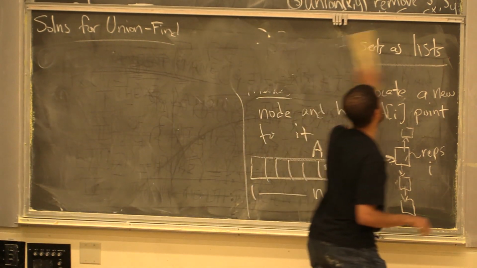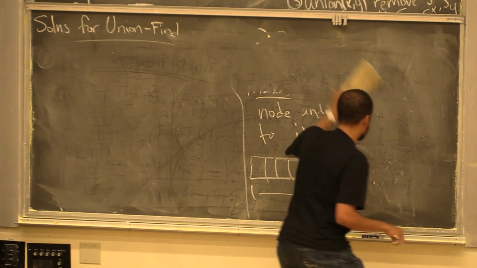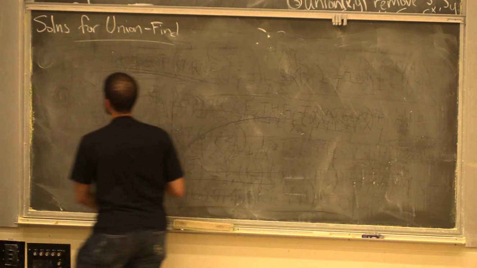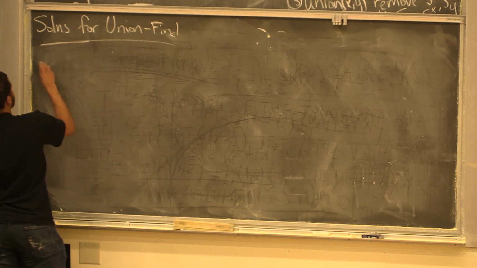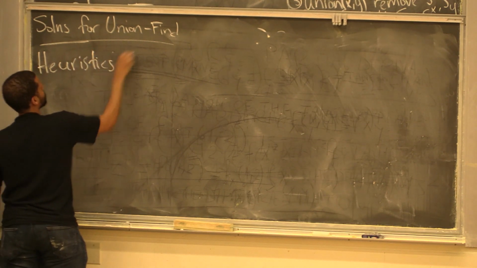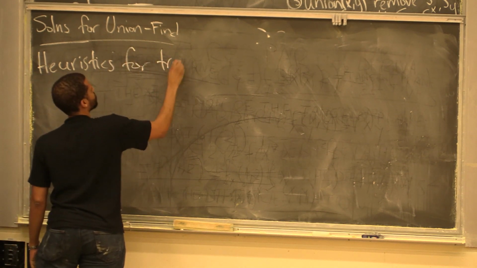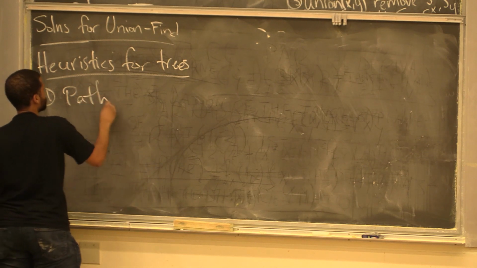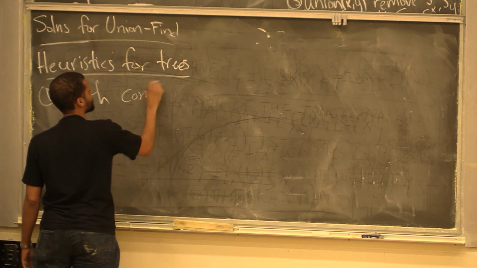Heuristics for trees. One we said was path compression. That's what got us to this whole tree business in the first place.